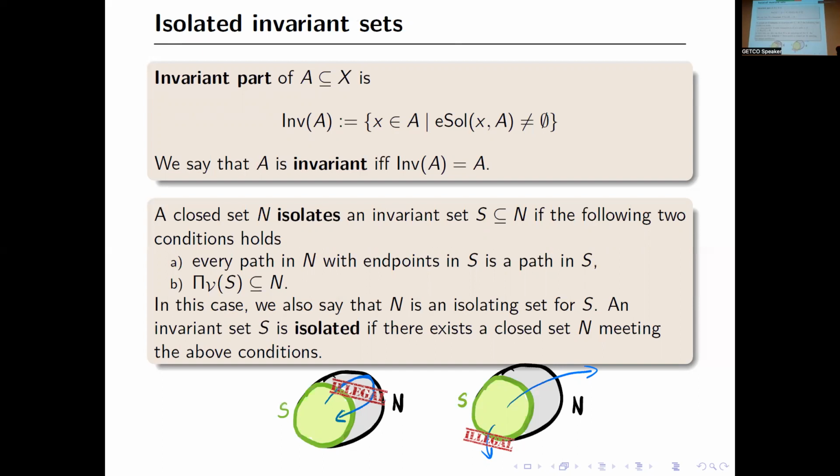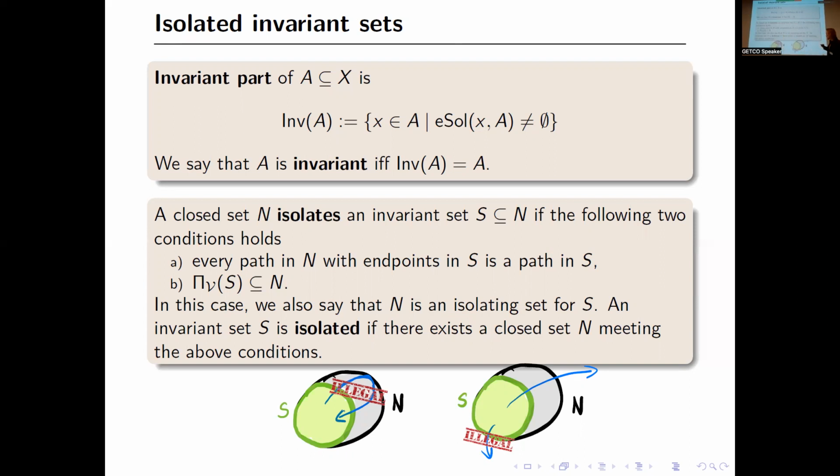And we have a notion of isolation here, which is weaker than in classical settings, but those two properties are satisfied. So this is kind of weak isolation. Isolation here means that the first condition says that if we escape our isolated invariant set to N, to this isolated neighborhood, we cannot come back.